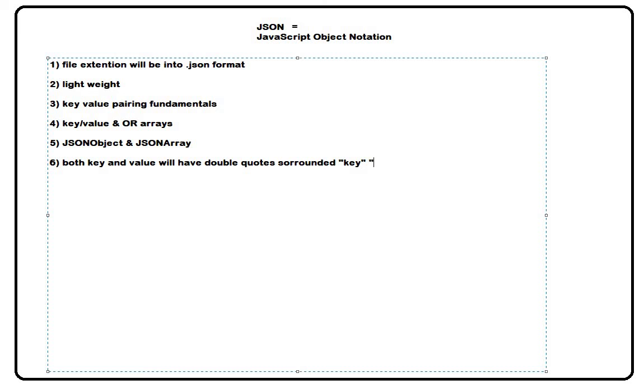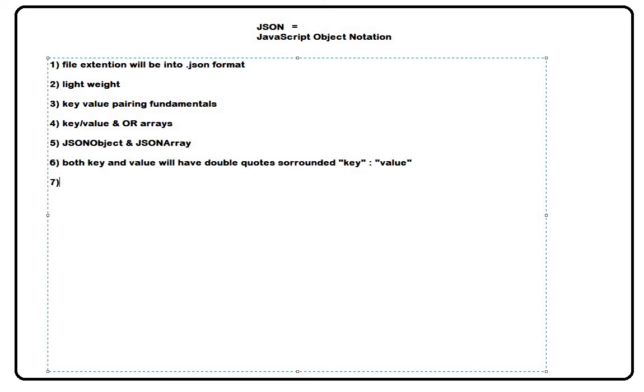Key, and then there will be a colon in between. So there won't be any equal sign anymore in the JSON format. It will be replaced by the colon. You'll have the double quotes for the keys and the values, and this colon sign replaces the equals.